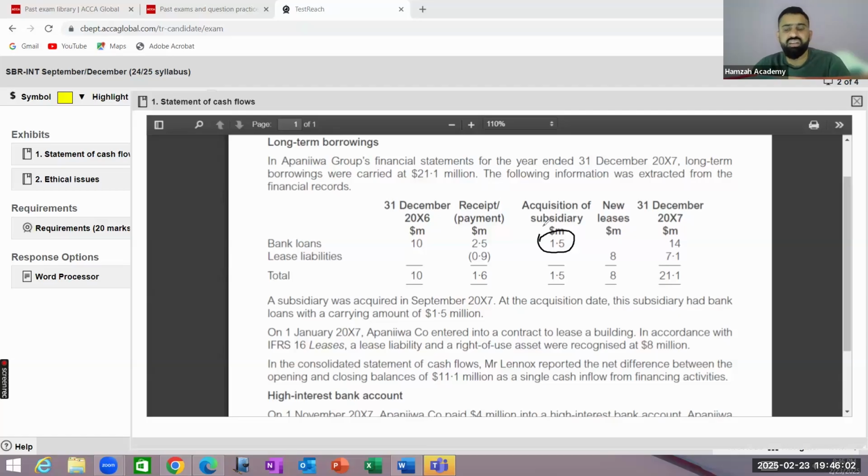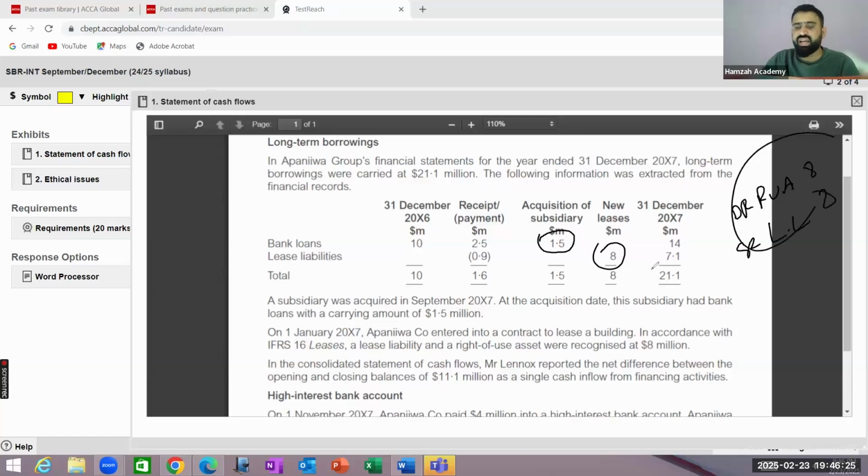And when we get a lease liability, like here we have 8 million, the lease liability is credited. Then obviously, in IFRS 16, we debit the right of use asset and credit the lease liability by 8 million.